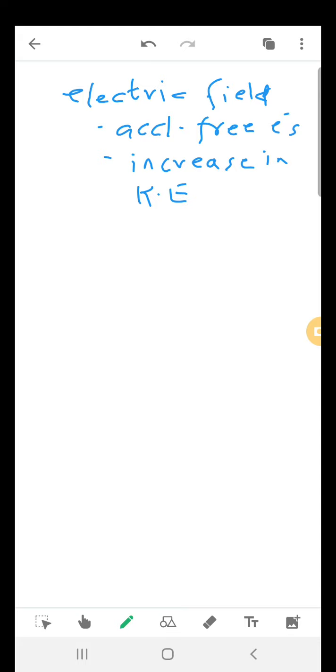And a part of the energy is lost to the lattice, because there will be collisions.